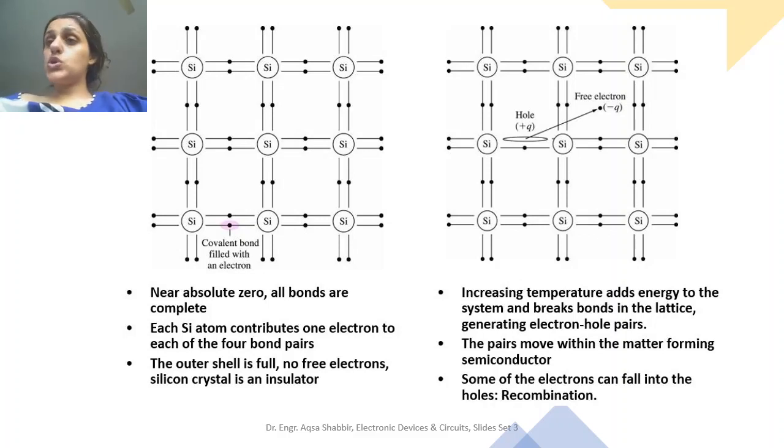Now you have to note that the generation of an electron-hole pair is called ionization. While ionization is taking place at several locations inside silicon, somewhere recombination is also taking place, and electrons are filling in empty holes and the electron-hole pairs are being eliminated.